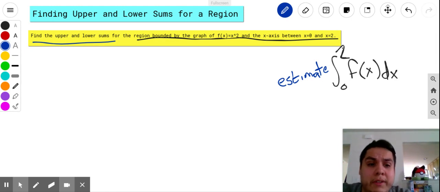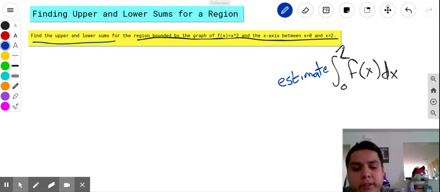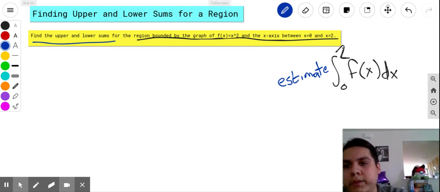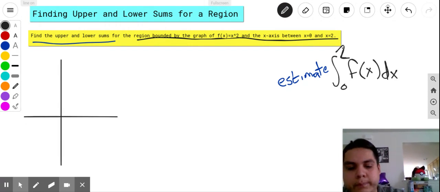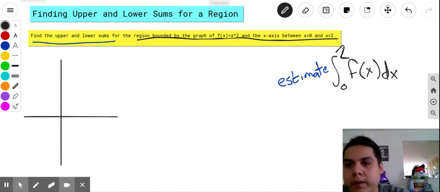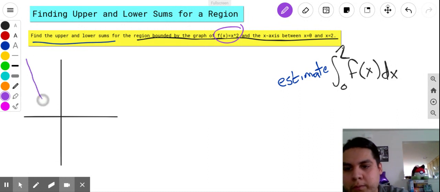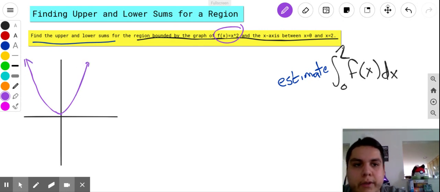So the best way we can do this is to draw ourselves a little bit of a picture. If I consider what the graph would look like, I know that x squared is a parabola. So it should look something like that if I had better motor skills.